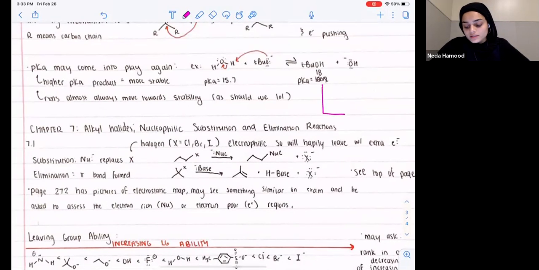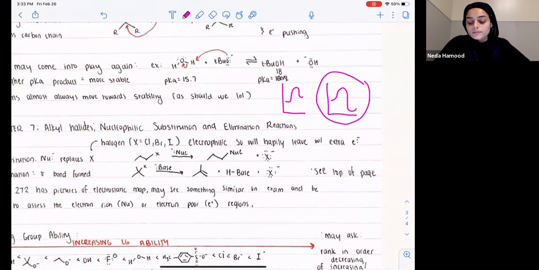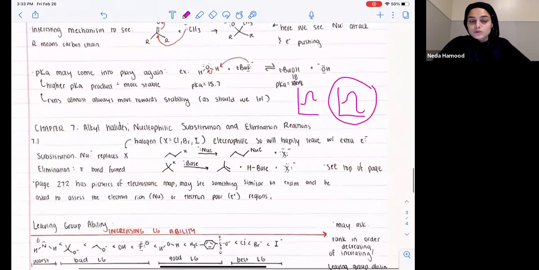And just for reference, this is what an endothermic reaction is, where there's more energy at the end of it, compared to an exothermic reaction, where we have less energy at the end of it. This is really what all mechanisms, or reactions, are moving towards.